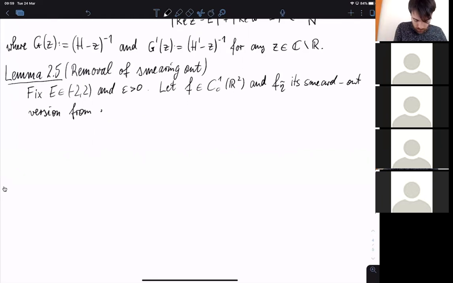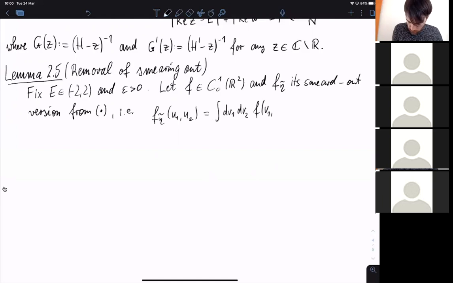I can also maybe just recall it. So now it's a bit simpler because we have just in 2 dimensions u1, u2, and then I have an integral over v1, v2, f of v1, v2, times eta tilde(u1, v1) times eta tilde(u2, v2).